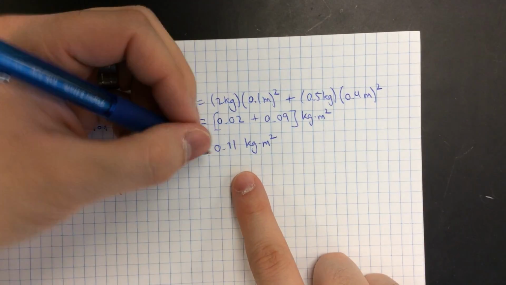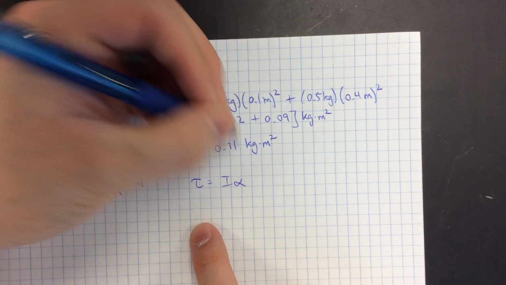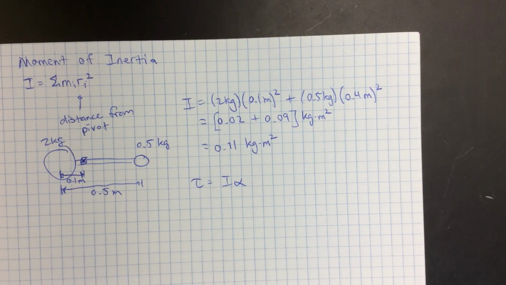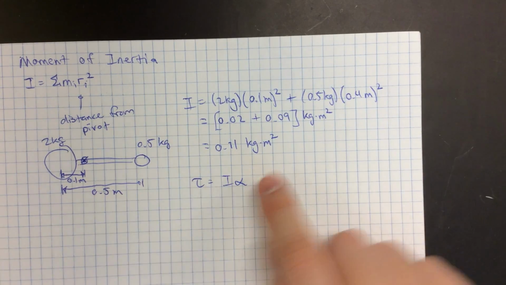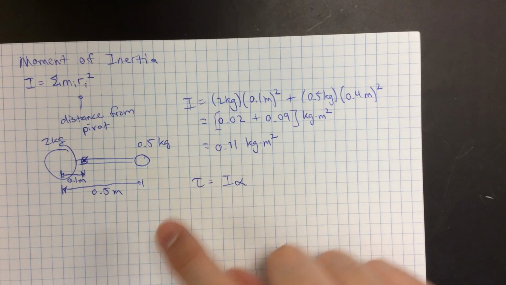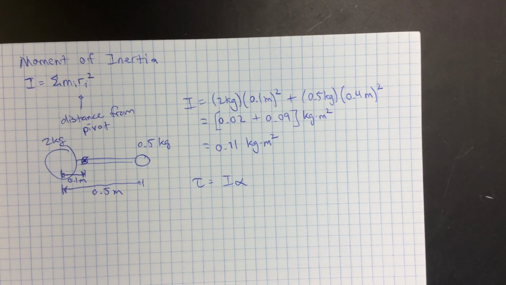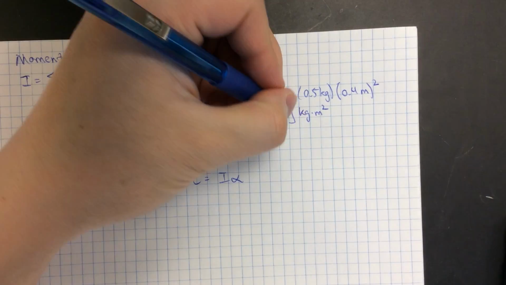So what that means is that if we look at the amount of torque it takes to accelerate it, you would need 0.11 newton meters of torque to accelerate this 1 radian per square second. I think it should be 0.1. Is it 0.1? Yeah, it should be 0.1. Did I mess that up? Let me calculate. It was 0.08.